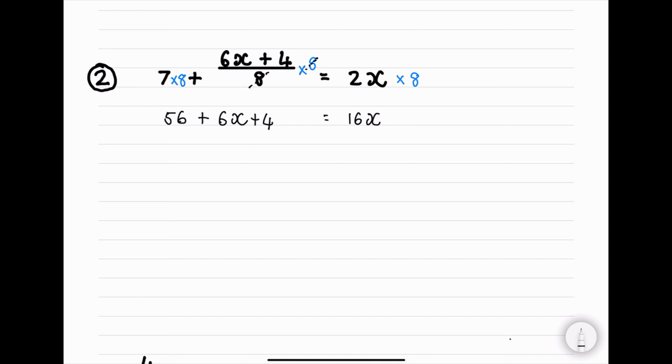So now the second step is to isolate the x. Get all of the x's on one side and all of the numbers on the other side, all of the constants. So what you do here is you say negative 6x to cancel out the 6x. And what you do on the one side, you do on the other side.